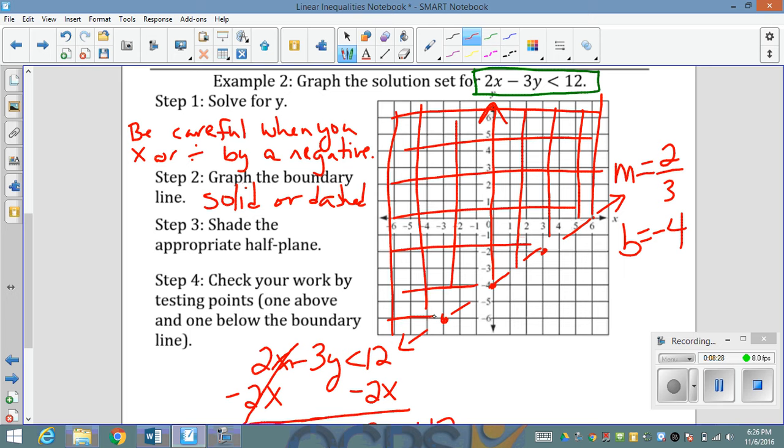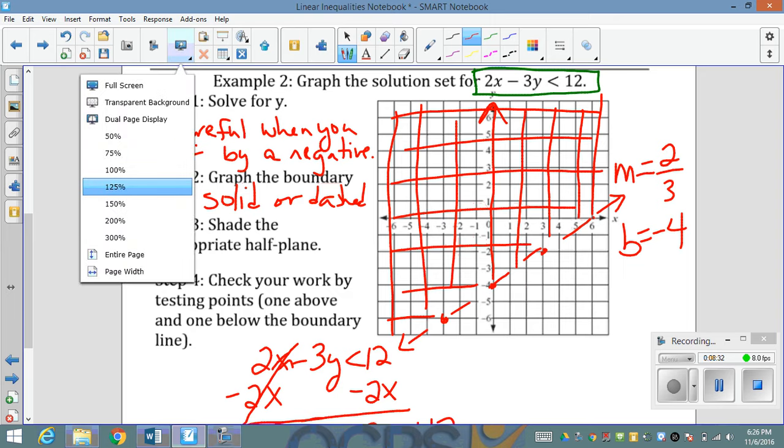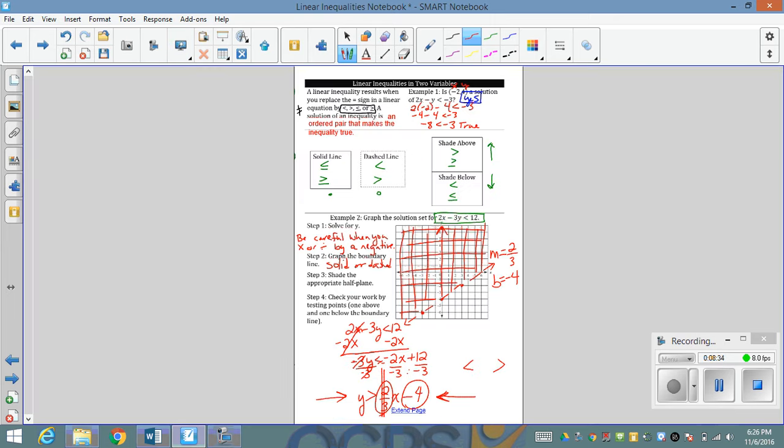Now my final step is to do a quick check. I'm going to take a point, and I'm going to use 0, 0 because it's nice and easy. 0, 0 is shaded.